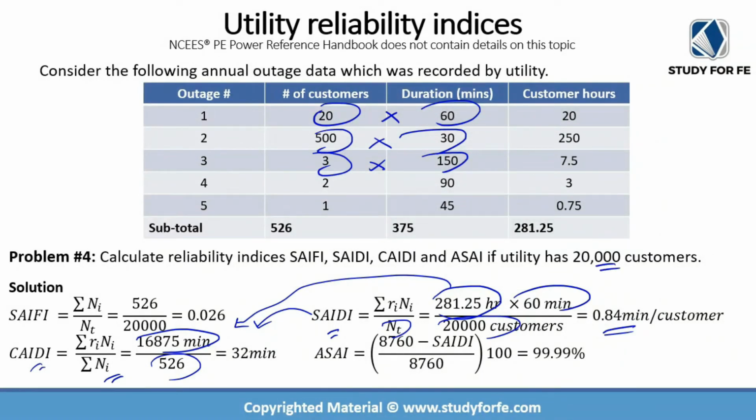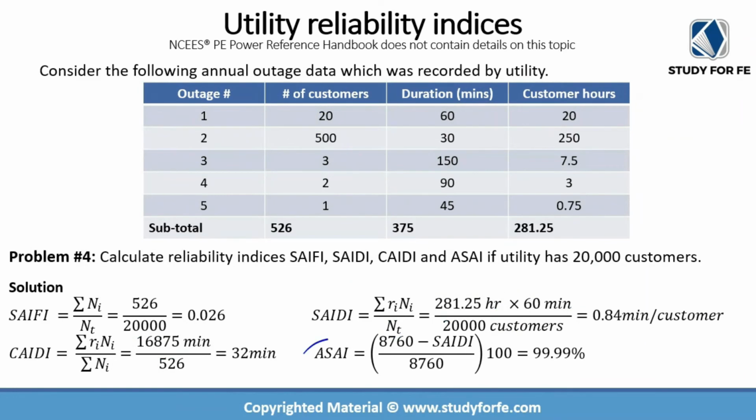And once you've calculated SAIDI, you can calculate ASAI by simply using this formula. So 8760 minus SAIDI; we are dealing with annual data, so the time frame is annual, with 8,760 hours in a year, and you multiply it by 100 to get the percentage.